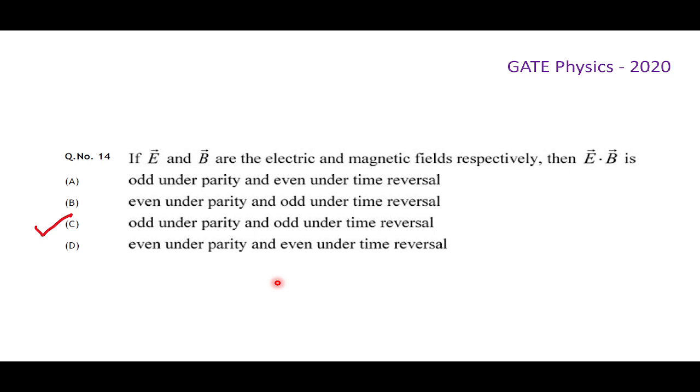Basically, under parity operation, you are changing your coordinate system, right? But the pseudo vector behaves differently than the polar vector when you're changing your coordinate system from right to left. You can see, but I have to understand more about these things, how the pseudo vector behaves when you're changing your coordinate system from right to left.